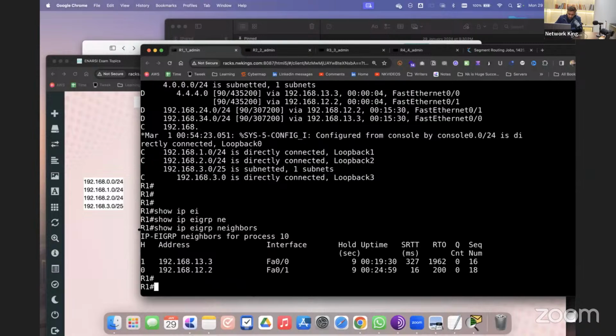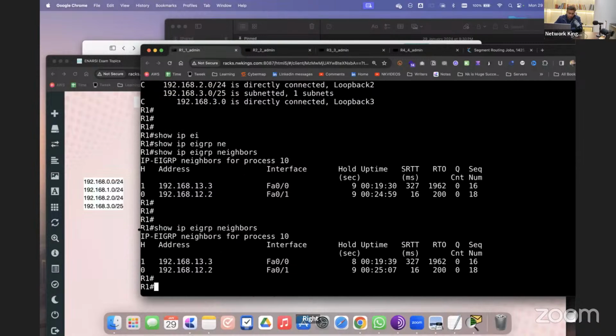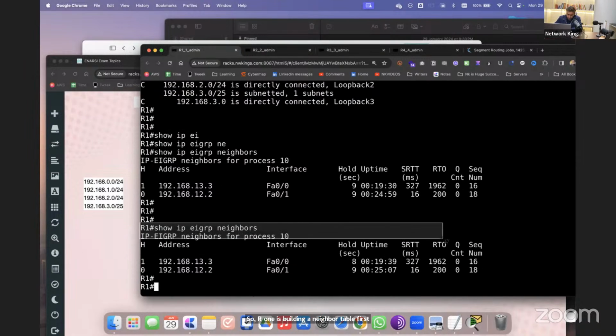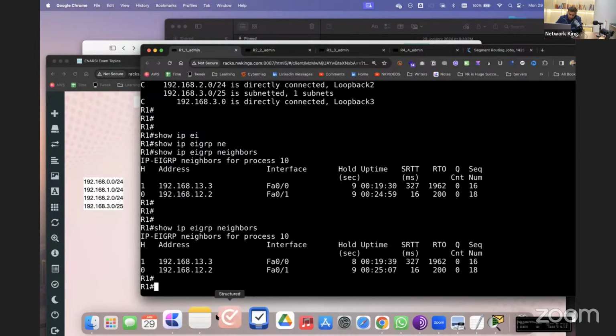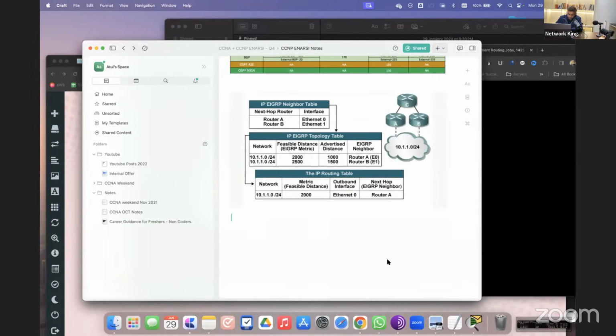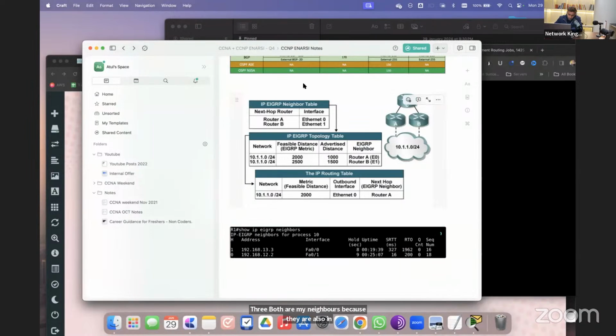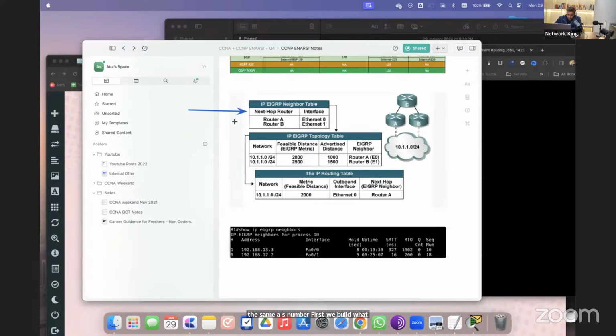R1 is saying R2 and R3 both are my neighbors because they are also in the same AS number. So first we built the neighbor table.